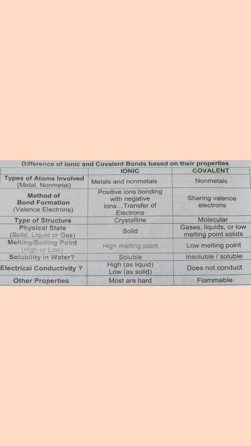In terms of solubility in water, ionic is soluble, while covalent can be insoluble or soluble. In terms of electrical conductivity, ionic is high as a liquid but low as a solid, while covalent does not conduct. In terms of other properties, ionic compounds are mostly hard, while covalent compounds are flammable.